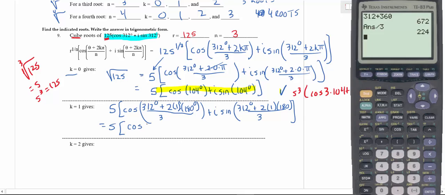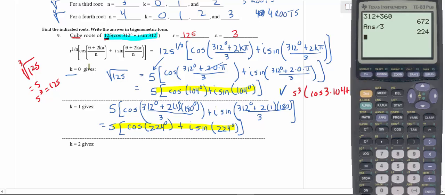So you have the cosine of 224 degrees, plus I times the sine of 224 degrees. Like that. So that is root number 2, believe it or not. If you multiply that out 3 times, you would get a mathematically equivalent expression to this.